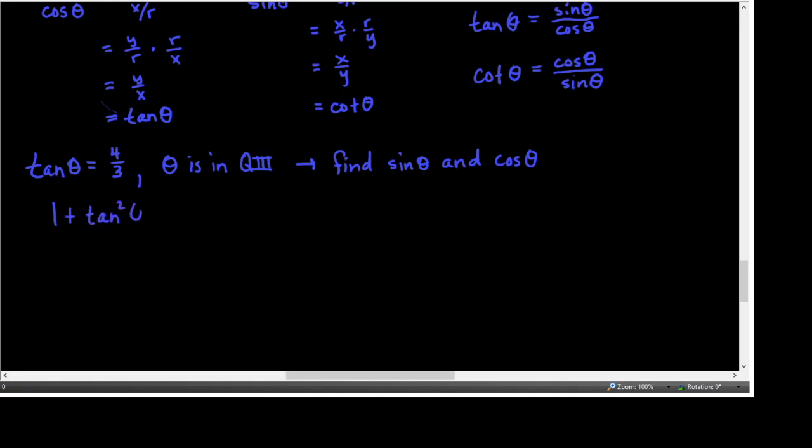1 plus tangent squared theta is equal to secant squared theta. So let me see. By substitution, I can put 4/3 in for the tangent of theta.